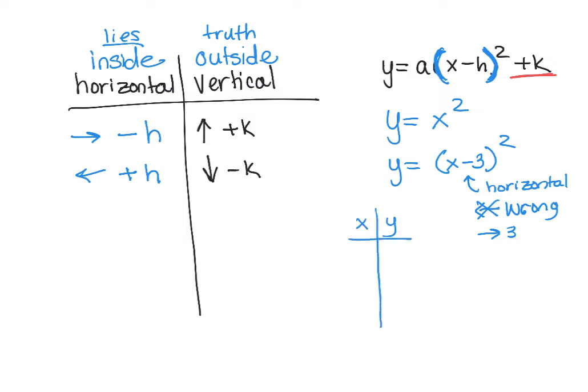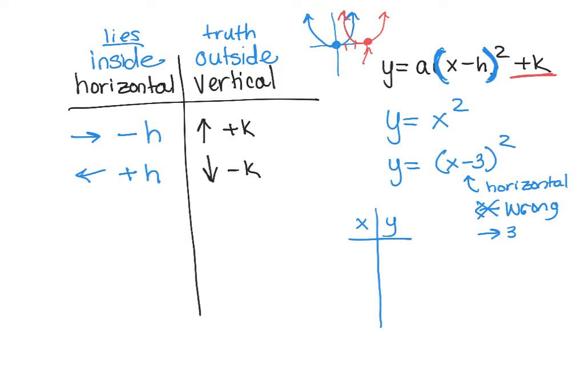And I always like to pick the number 0 because usually on the parent function, your object is centered at 0, 0. But keep in mind, I just told you that your object was going to get shifted 3 spaces to the right. So if that's true, that means your vertex should really be happening at the dot 3, 0.